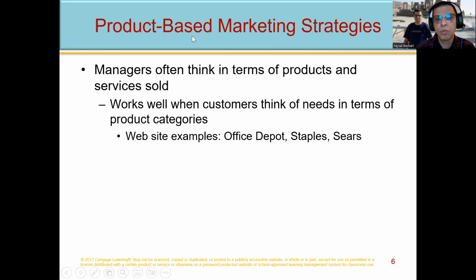So when we look at product-based marketing strategy, managers think in terms of the products and services sold. Usually it works well when customers think of needs in terms of product categories, like Office Depot, Staples, and Sears.